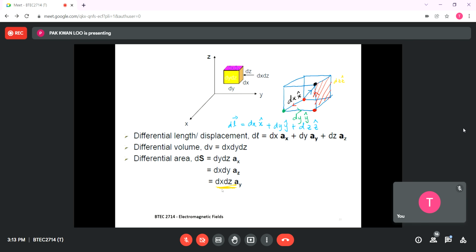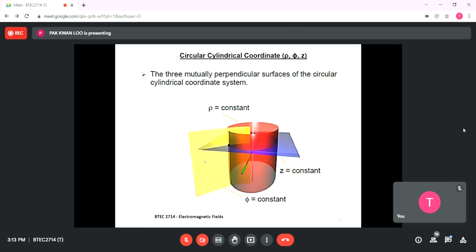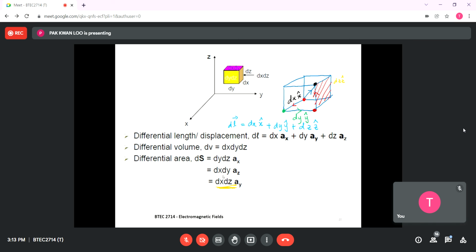And then we have also, if you look at dx multiply dy, this represents this area here. And for this area, the vector perpendicular to this surface area is in the z direction.